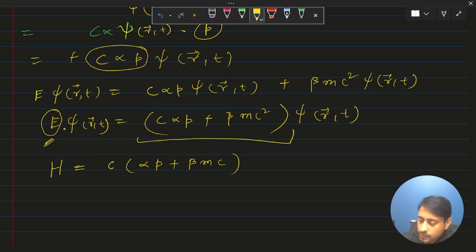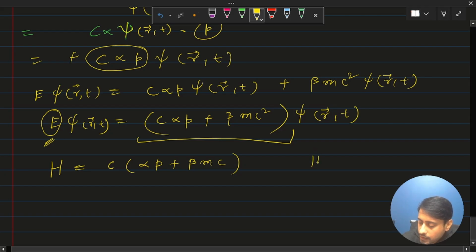Anything in quantum mechanics, if you remember, any operator, let's call it O, if any operator O acts on some wave function psi. Now here I have used the Dirac notation of writing a wave function.